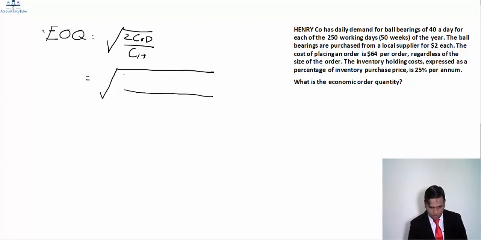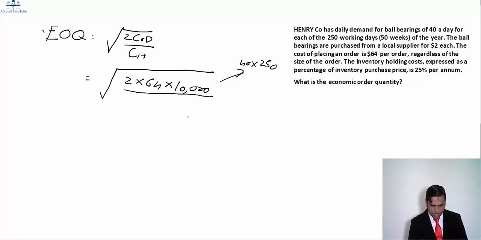Then we have our first figure, that is 2, which is consistent in every scenario. Then we need the ordering cost. From the example, we can see the ordering cost is 64. Then we need the demand. Annual demand is computed: it is 40 a day, and the assumption is 250 days a year. We multiply by 250, and our answer becomes 10,000 units demanded.